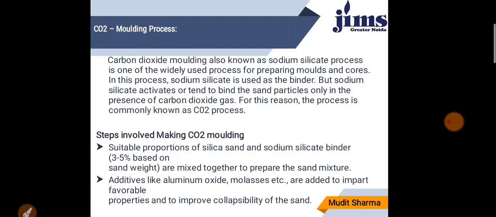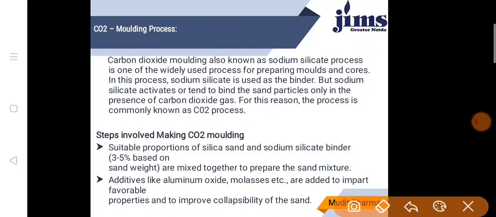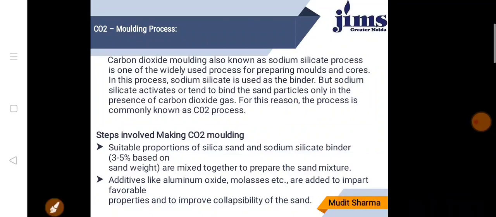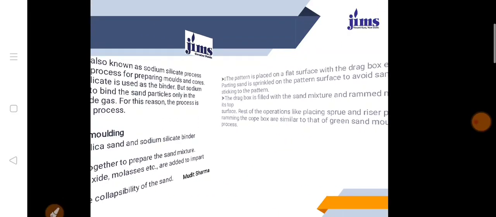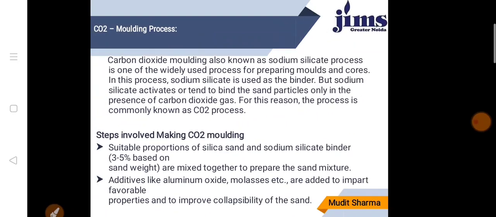The hardness of the mold is prepared. CO2 gas is made to flow through the mold and the sand mixture and hardens it through a very rapid reaction, yielding a stiff gel.